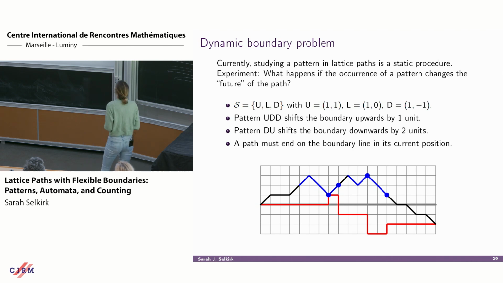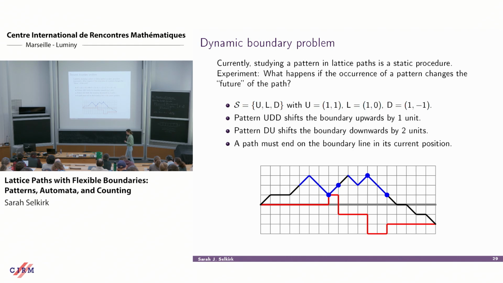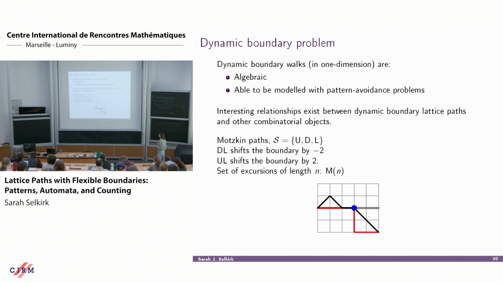And then you could place various restrictions on it. At the moment, I'm saying that we shift the boundary immediately after that last step. You can also change it a little bit by saying shift it before. You can also say it has to end at 0, not on the boundary line. But essentially I'm busy playing with these types of models to see what actually happens.